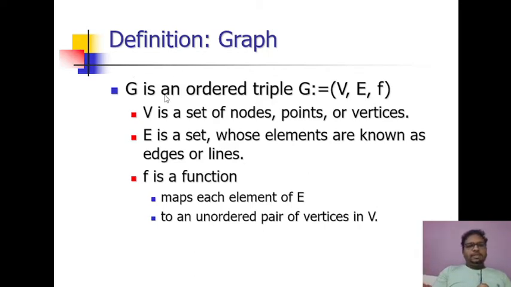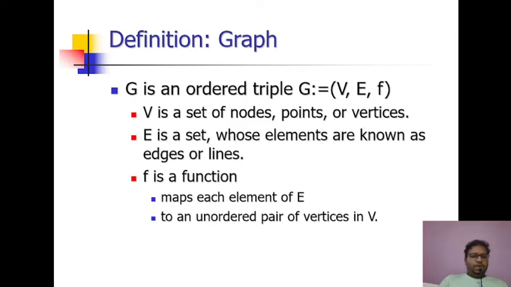So we can say that G is an ordered triple, and G is denoted as (V, E, F). What is V? A set of nodes, points, or vertices, whatever you call it. Point and vertices are the same thing.